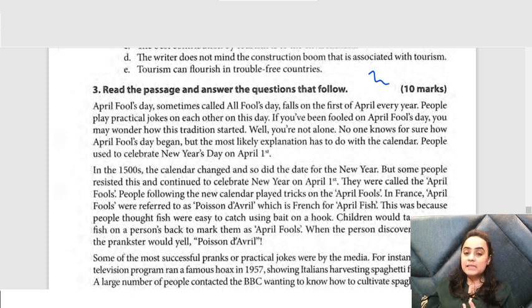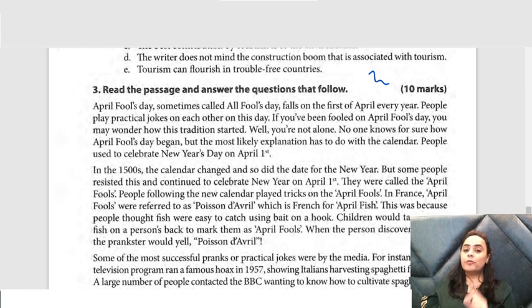There can be questions where you simply have to state whether they are true or false. Then there can be questions which will test your vocabulary, tell you to find the words which mean the same as something or the opposite to something. Then there can be simple questions wherein you'll have to answer on the basis of what you have read in the passage.